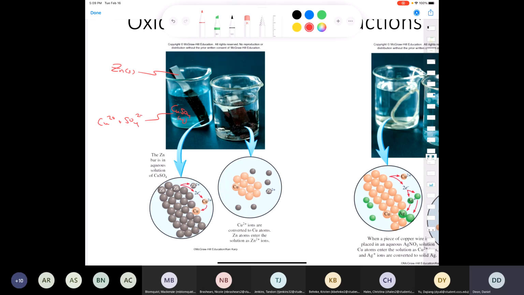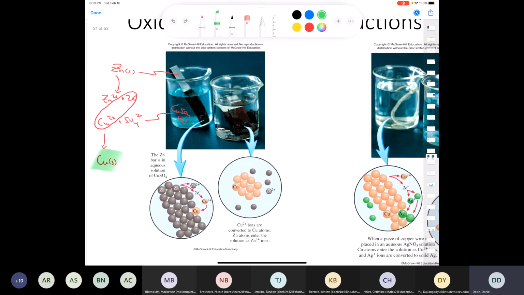So as the zinc loses the 2 electrons, it ends up becoming Zn 2+. The 2 electrons combine with the copper to make copper solid. So that is what you see forming over here. You have the zinc ions in solution, and you see the copper as a solid depositing onto the zinc bar here.